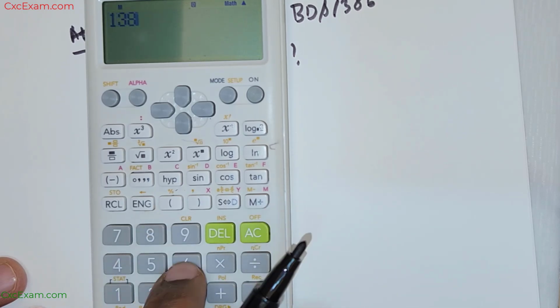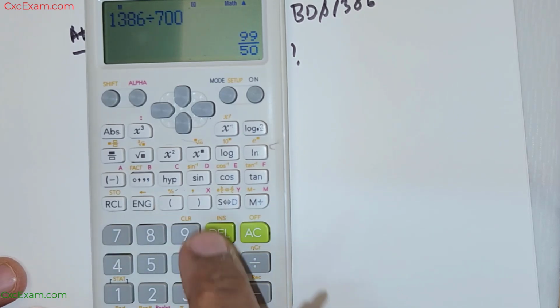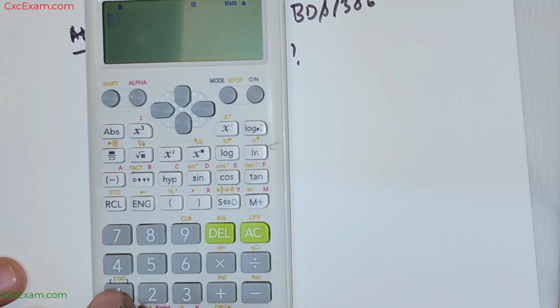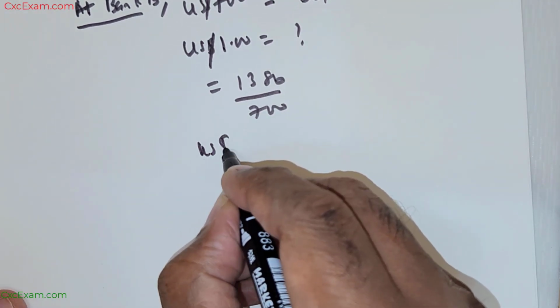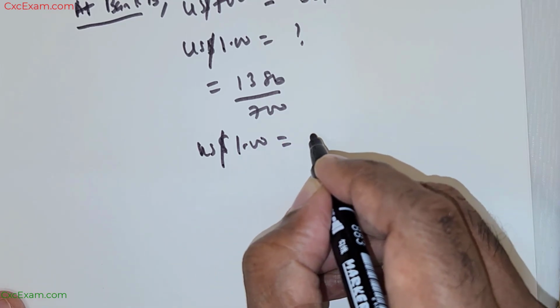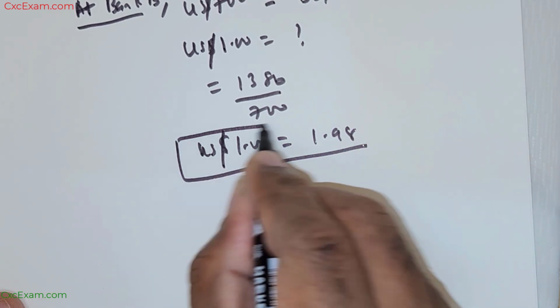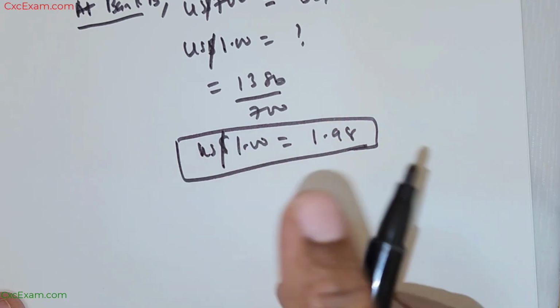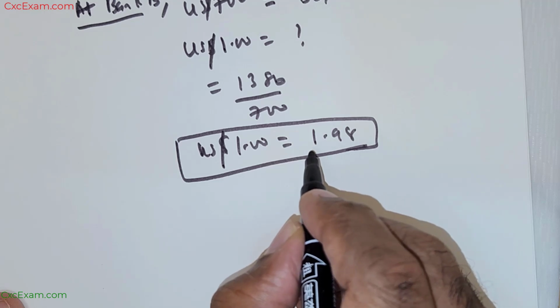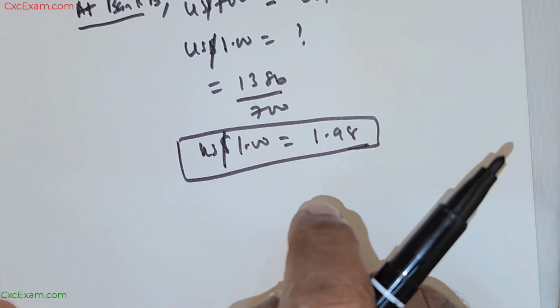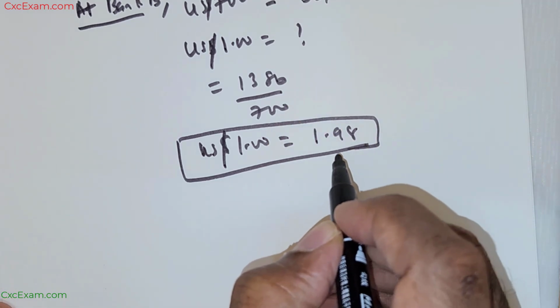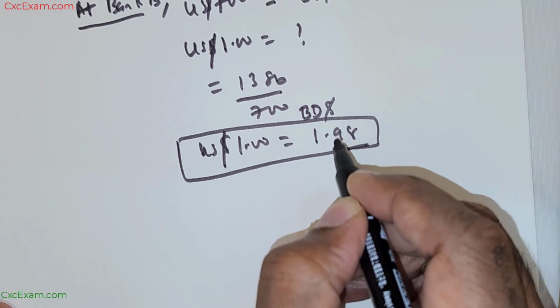So 1386 you divide by 700. You get 1.98. So US dollar $1 is 1.98. So this bank is actually paying a better rate, favorable for the customer. Okay, so probably you can write it here, BD dollar 1.98.